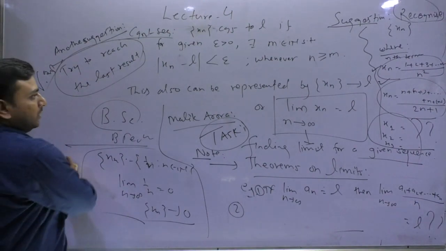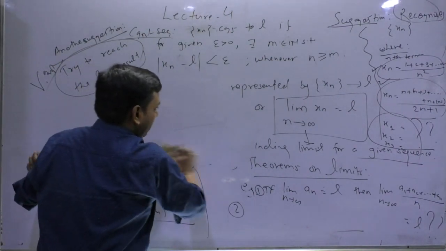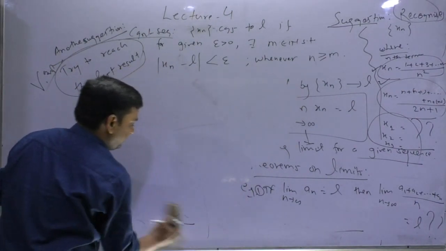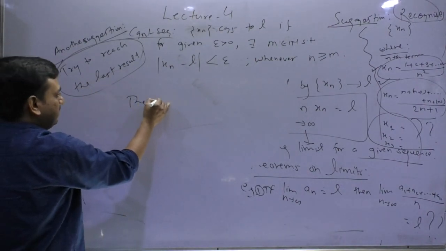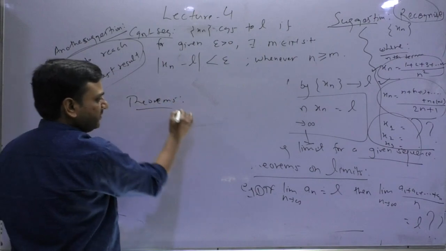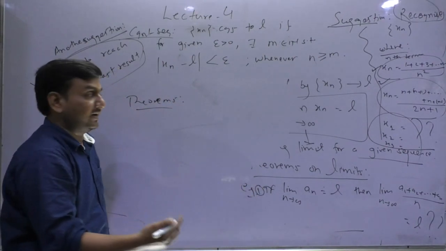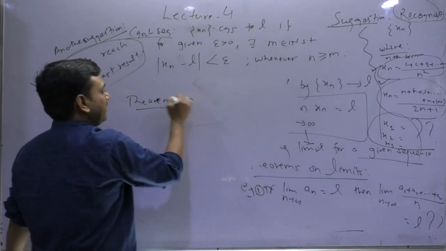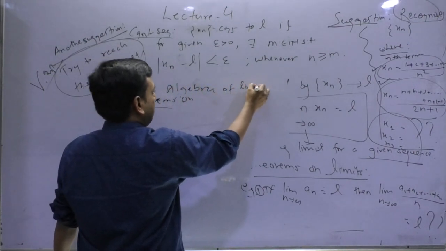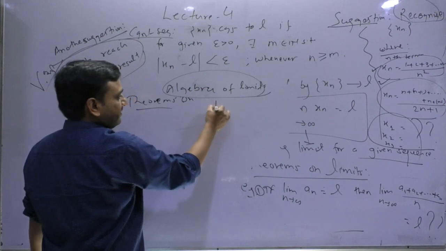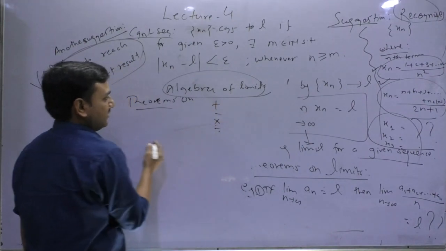Everybody? In the next point here I will add for this part: limit, theorems on limit. One is these theorems, meaning formulas for calculating limits, other is theorems on algebra of limits. So algebra means plus, minus, multiplication, division.